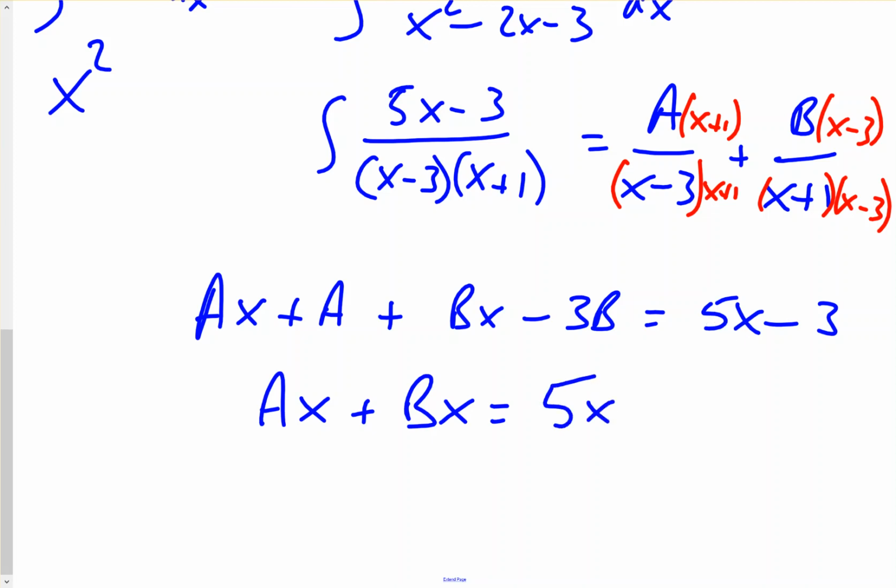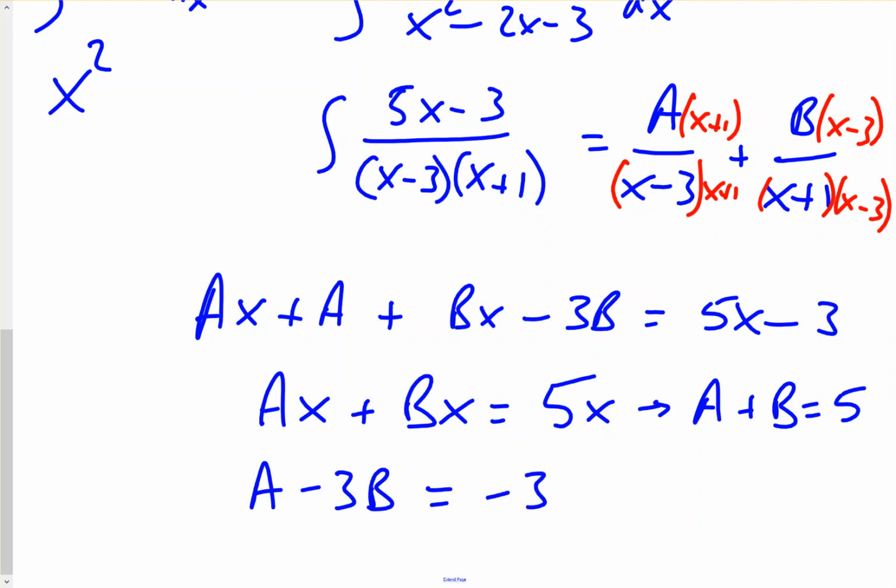So we know that a plus b has to equal 5. Okay, and then for the constant, we have a minus 3b. A minus 3b would have to equal negative 3. So a minus 3b equals negative 3.